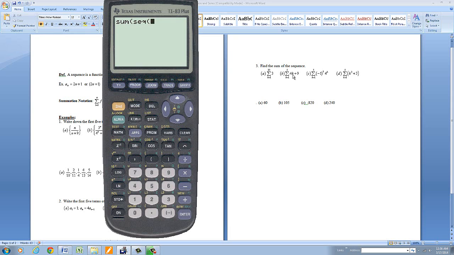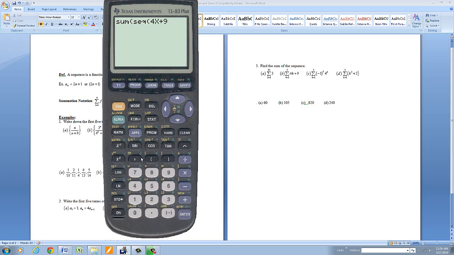Okay, so this one has the formula 4k plus 9, so I'm going to enter 4x plus 9.